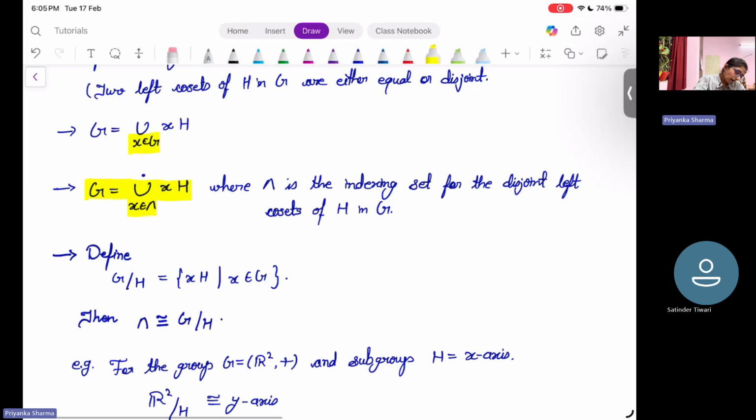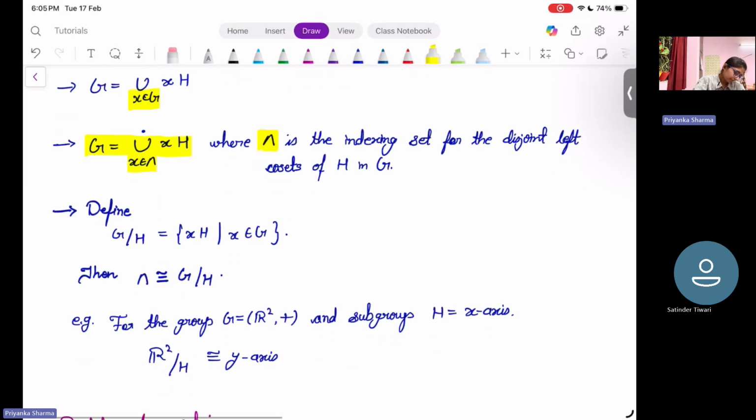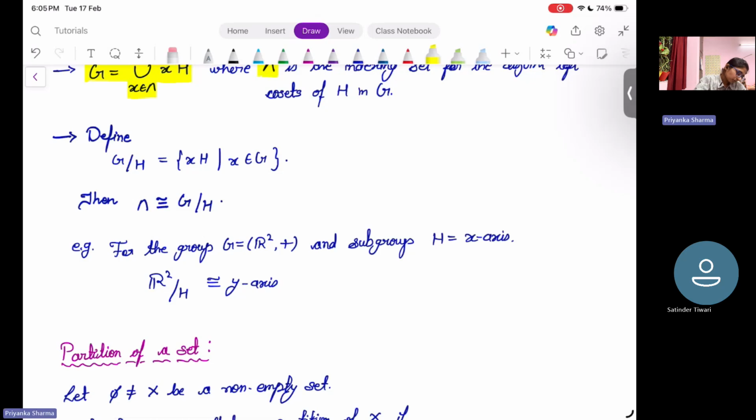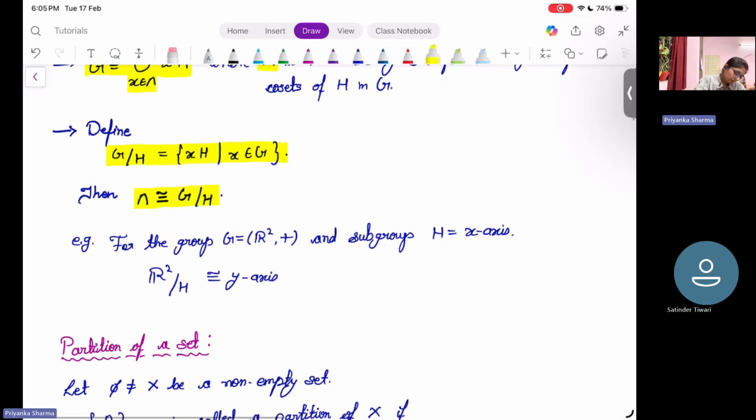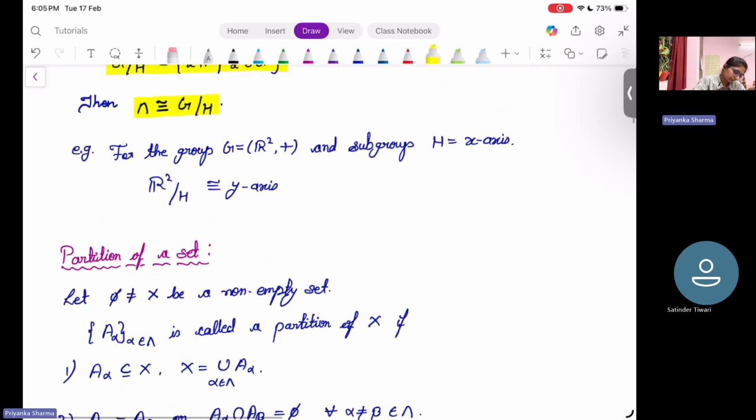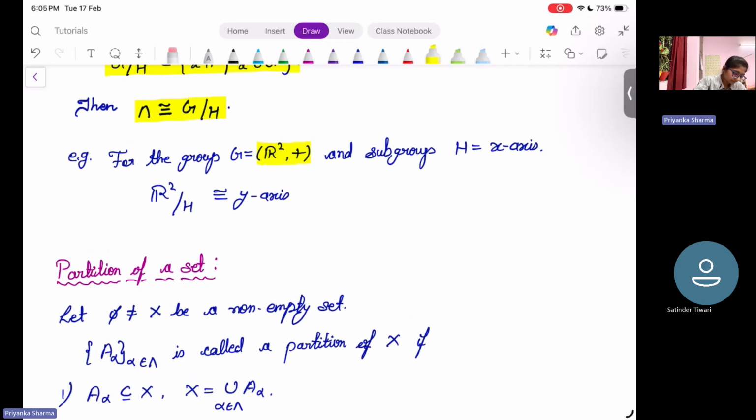Okay, so how can we find this index set? We define G over H like this, and then the index set will be isomorphic to G over H. For example, suppose we have the group R square with plus, that is the Euclidean plane, where the additive operation is basically component-wise addition.